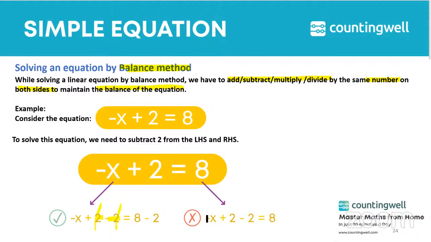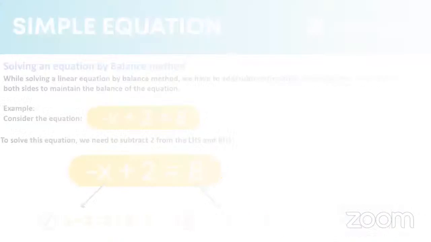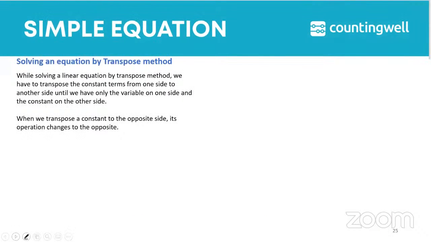Here you can see in the second method, the child has only done subtraction on the LHS, but no action taken on RHS. So this is the wrong way. Whereas to solve an equation by the transpose method, we transpose constant terms from one side to the other until we have only the variable on one side and the constant on the other side.